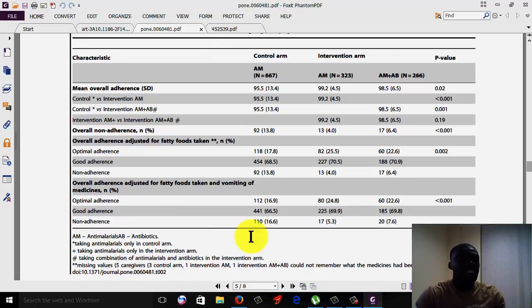You may also look out for how the thing has been done: optimal adherence, good adherence, non-adherence. So it's giving you an idea.